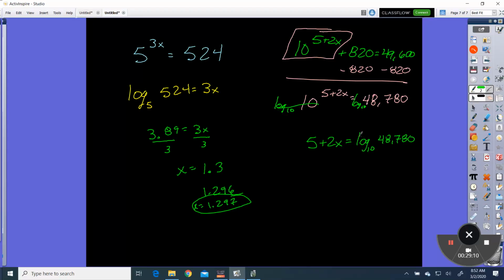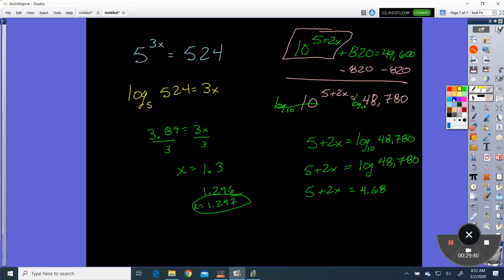So log is base 10. Realistically, we don't have to write the log base 10, right? So you just hit that on your calculator, log 48,780. What does it give you? 4.680. So now what do we do to solve the rest of the way for x?